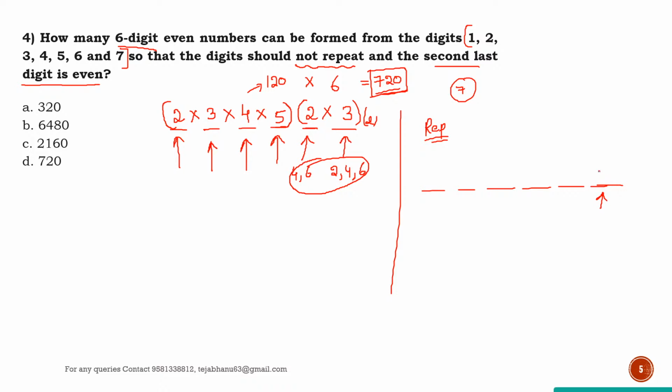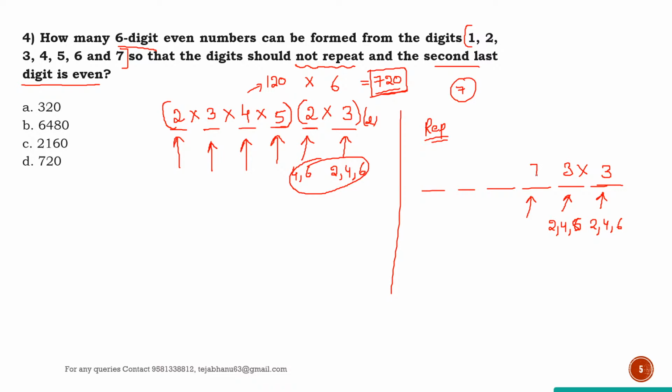For this place, we'll have 3 numbers: 2, 4, 6. For this place, we have again 3 numbers: 2, 4, 6. Now, for these places, there is no restriction. We can repeat the numbers.